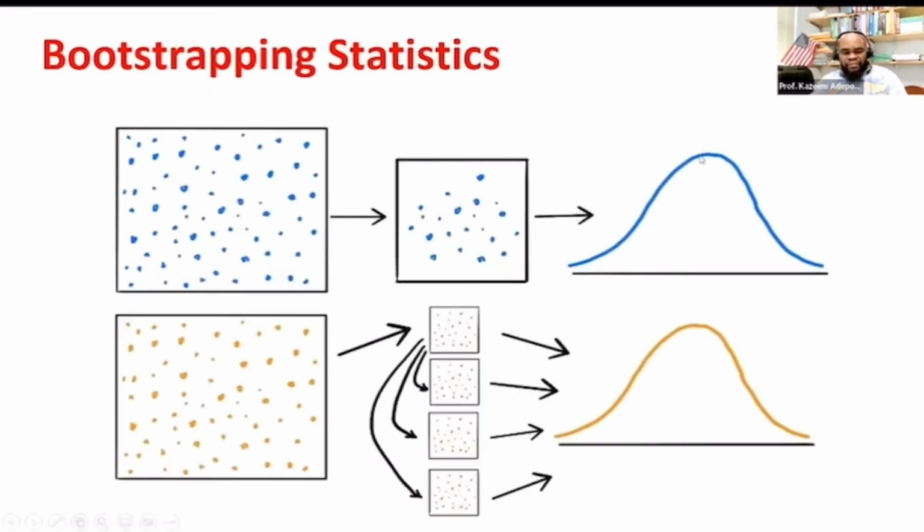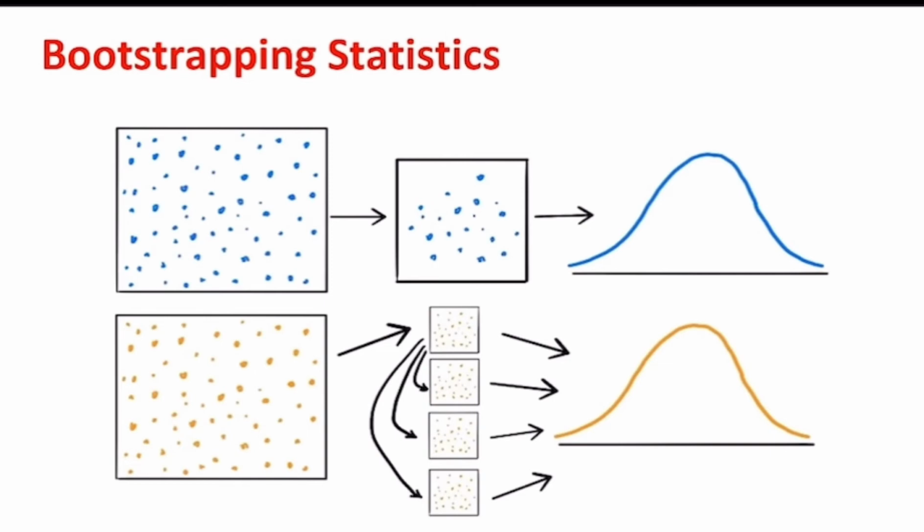Okay, so what I'm showing you here is how the bootstrap statistics work. I've got a population now. Traditionally, we normally choose a sample size, right? The sample size is a fractional part of the population, and we choose the sample in a way to ensure the central limit theorem holds, even if the population distribution we are choosing the sample from is not normal.